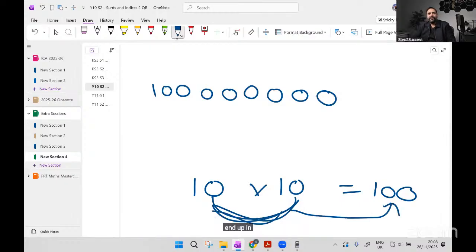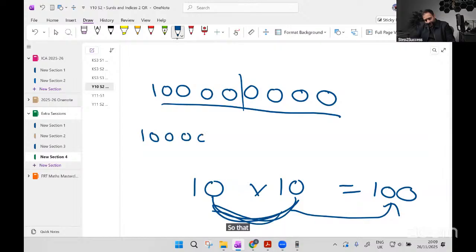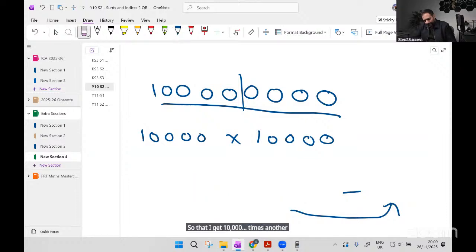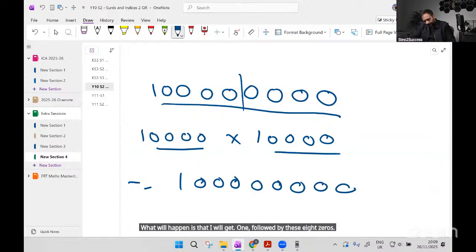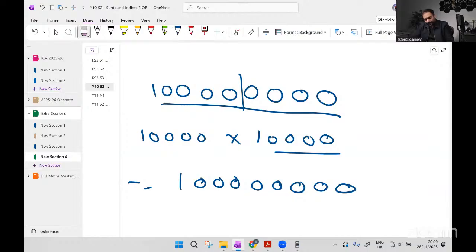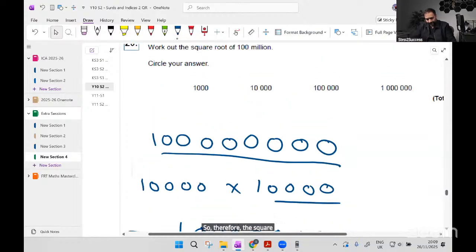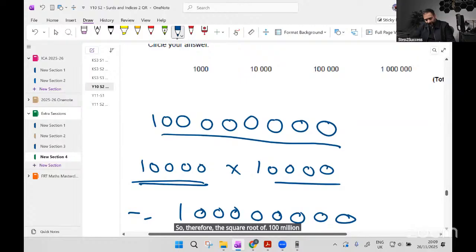So if there are 8 zeros here, and I split the 8 zeros down the middle so that I get 10,000 times another 10,000, I will get 1 followed by these 8 zeros. So therefore, the square root of 100 million must be 10,000, because then you get the 8 zeros.